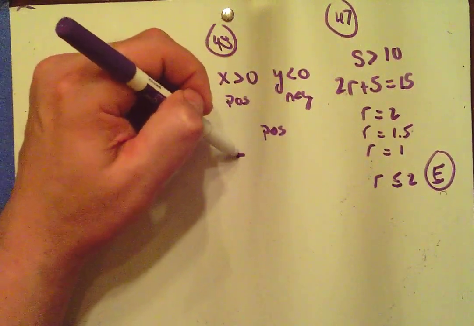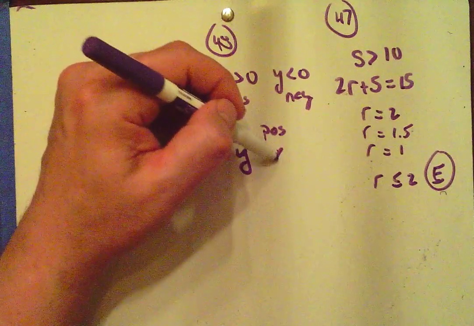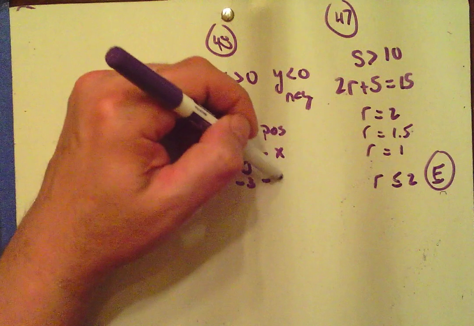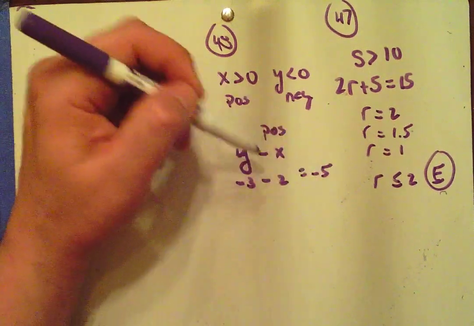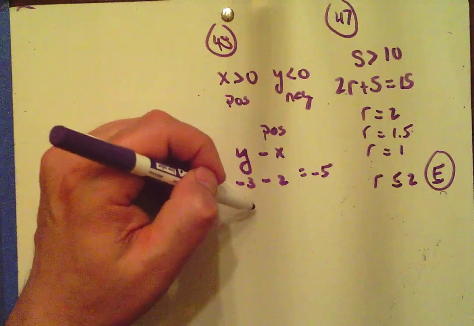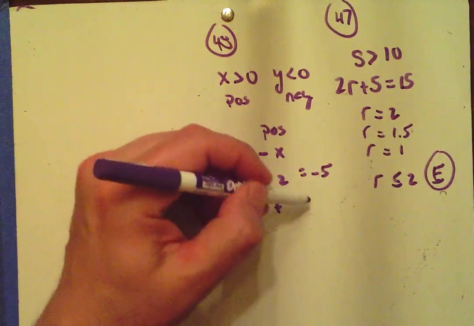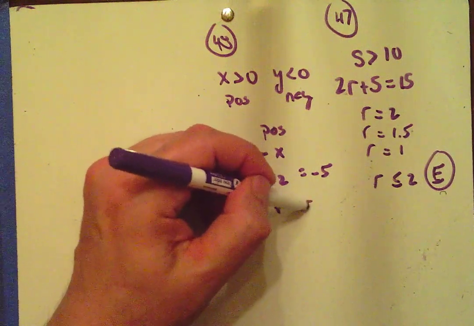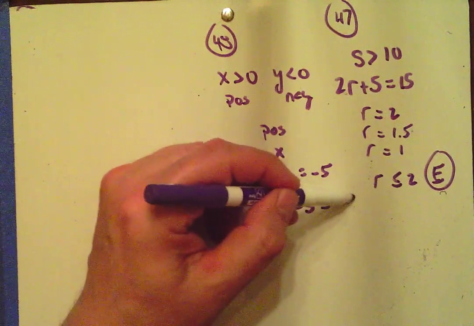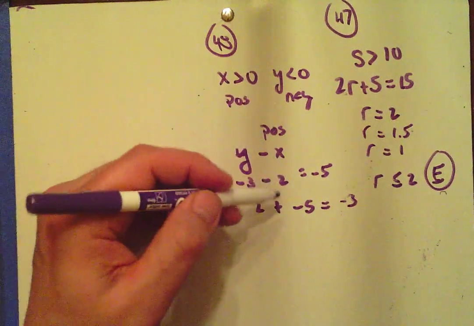Well, if I take a negative number and subtract a positive number, like negative 3 minus 2, that's negative 5, that's not positive. If I take a positive number, like 2, and add a negative number, like negative 5, I get negative 3. That's not positive, so choice G doesn't work.